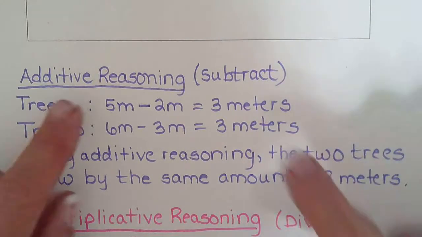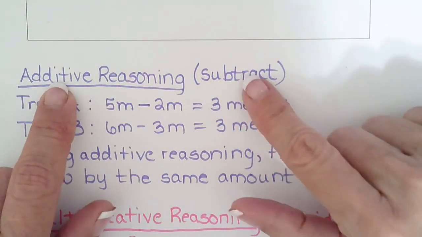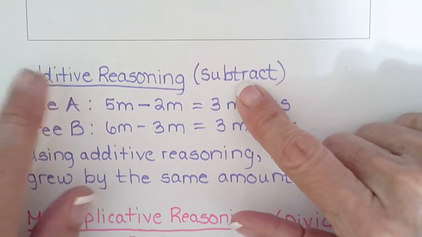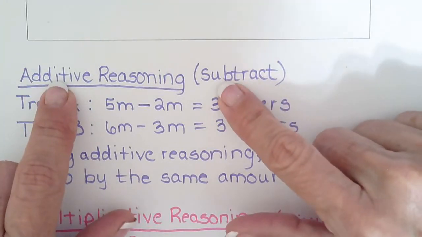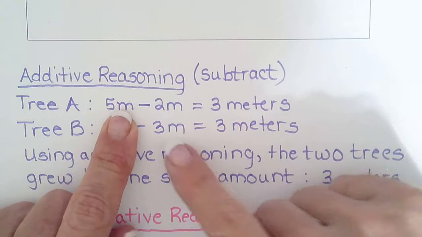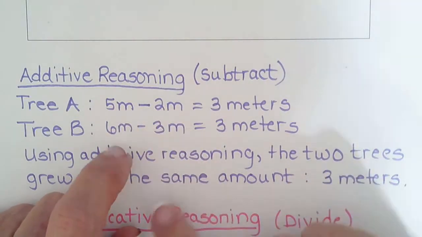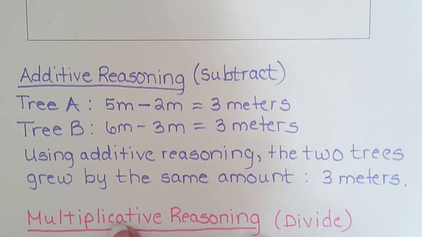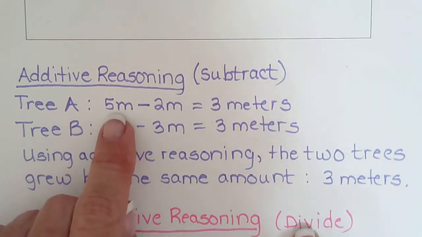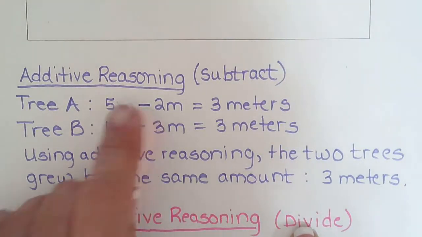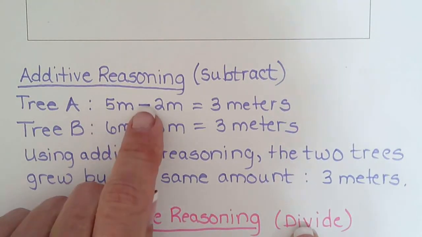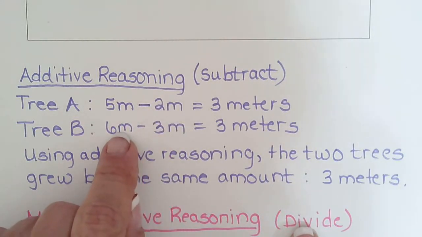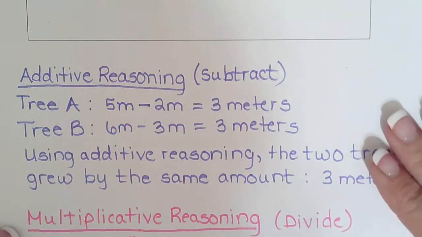Notice how their names suggest you do the opposite to get the solution. For additive reasoning, you subtract the new height minus the old height. But for multiplicative reasoning, we divide. Same order, we don't switch the order, we just put a division sign there: 5 divided by 2, 6 divided by 3.